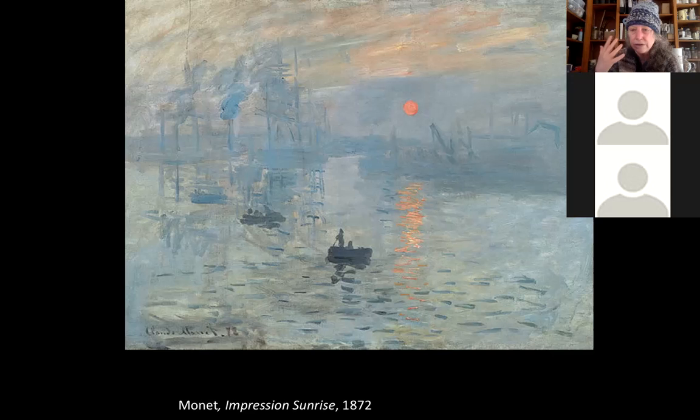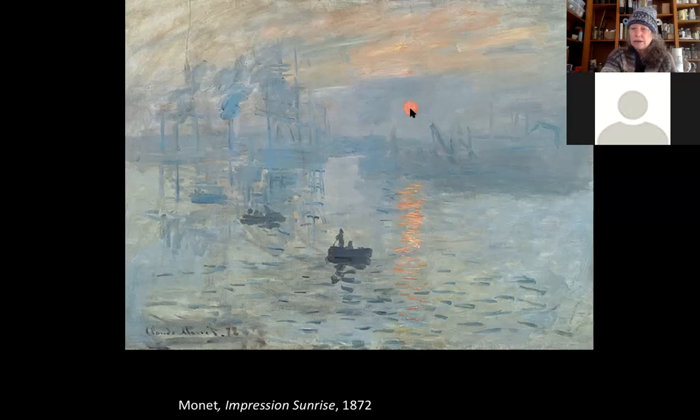There weren't layers of glazes and things like that. It was just a touch of orange here next to a little bit of blue. And from a distance, this kind of gives you the impression of a sunrise, with the light from the sun glittering on the water, and maybe there's a boat here and some other ships and steamboats and cranes and so on.